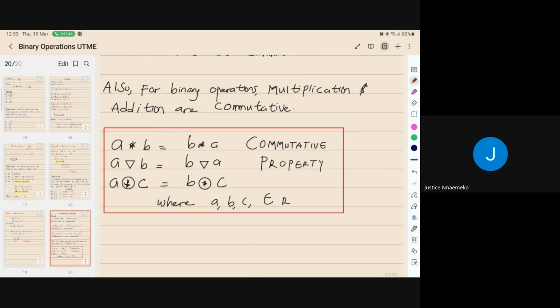So let's quickly solve a simple example, and then we'll look at the associative property. So look at this example.